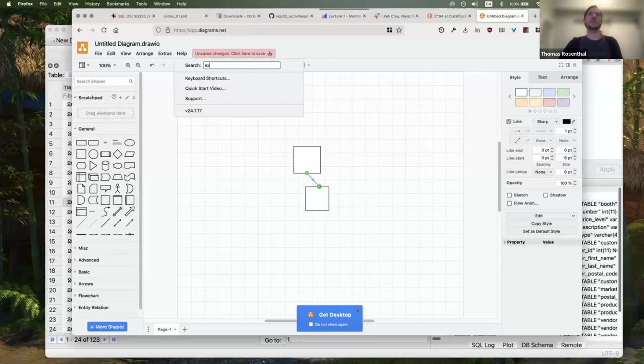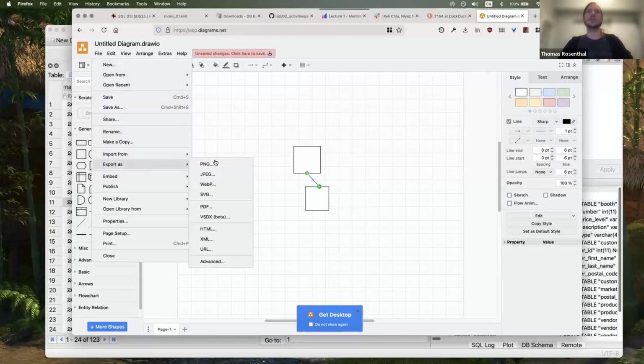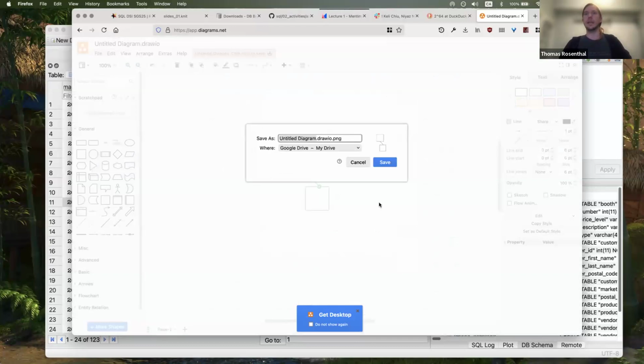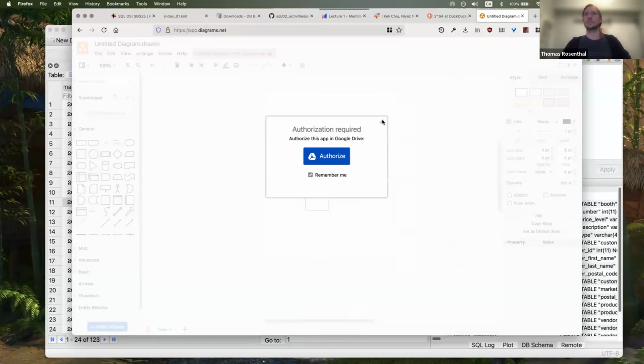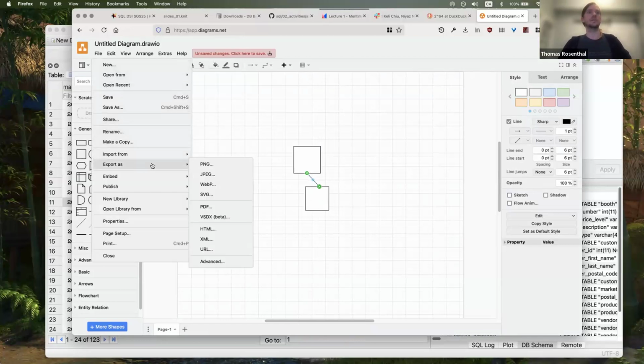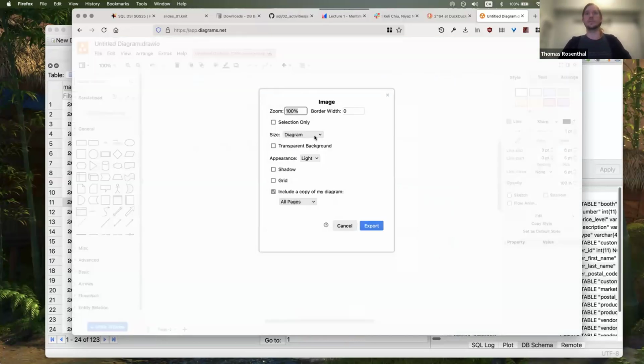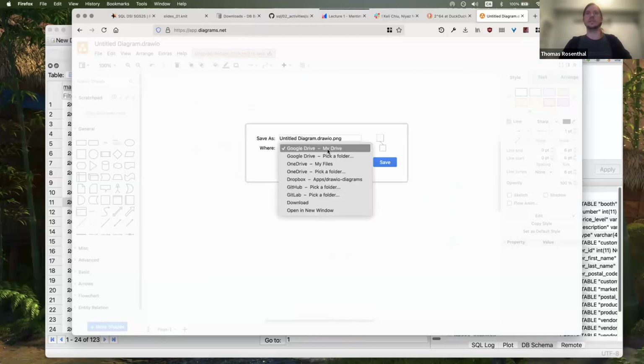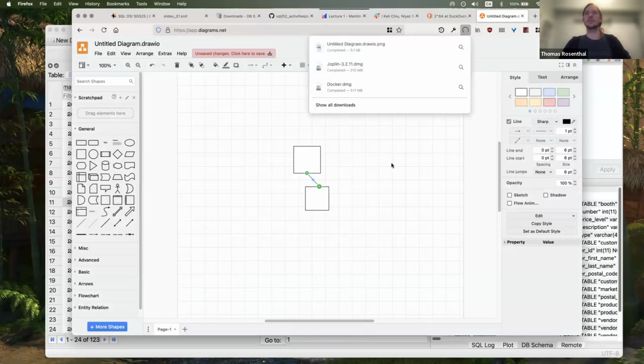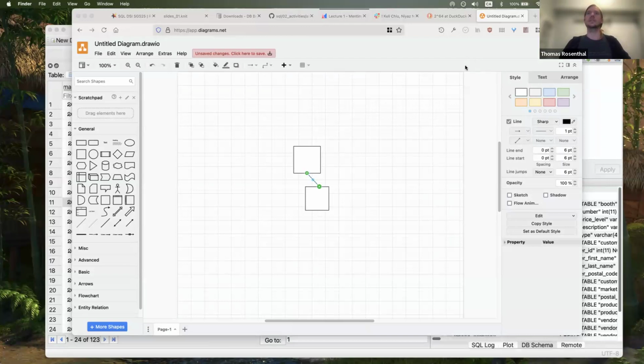I think it's here in the file. Yeah, export as PNG, JPEG. So we have a PNG. Let me just download this. Okay, so I've got my Draw.io diagram.